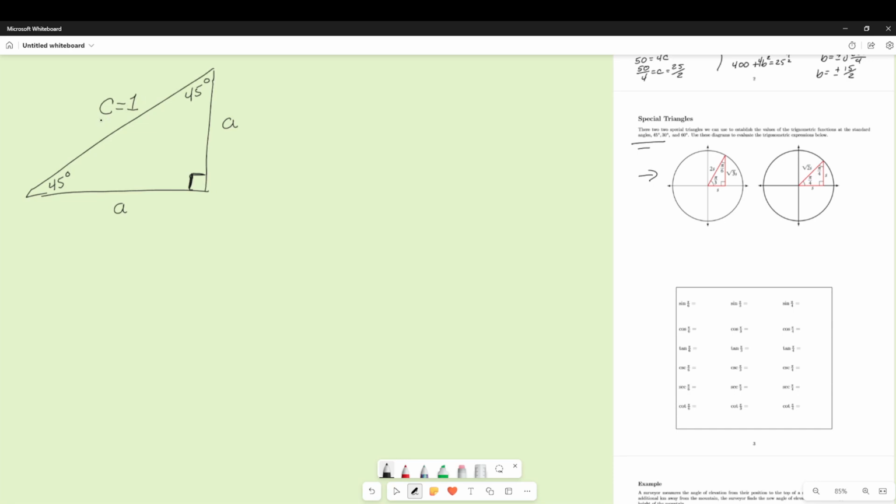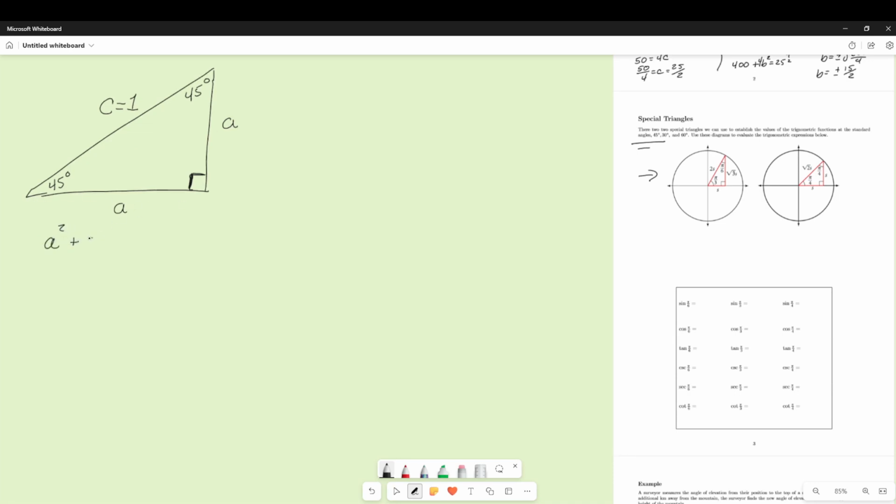But what I mean by being able to choose that as 1, if we can find the length A given that C is equal to 1, then we can find that ratio, and that ratio will be true regardless of the size. How can we do that? Well, because these two A's are the same, our Pythagorean theorem only has one variable in it.